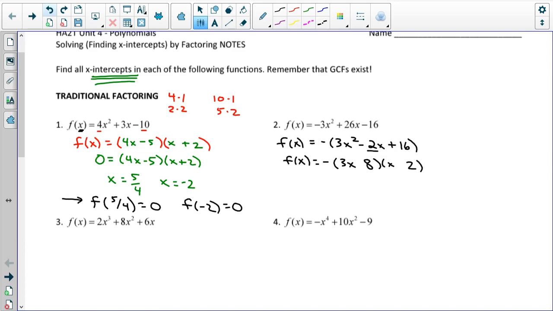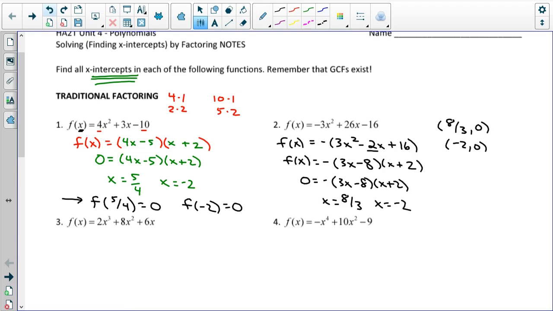So if I need a -2 in the middle, I'll have 3x minus 8 and x plus 2. If I set this equal to 0, I end up with x equals 8/3 and x equals -2 as my x-intercepts. So my x-intercepts would be at the points 8/3, 0 and -2, 0.